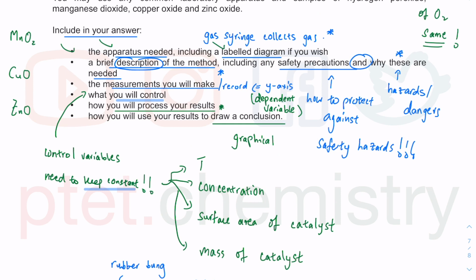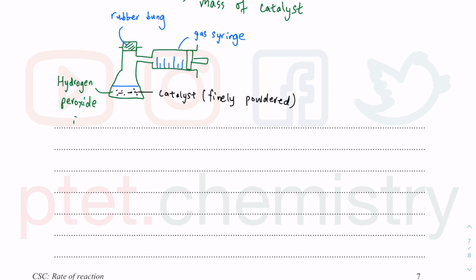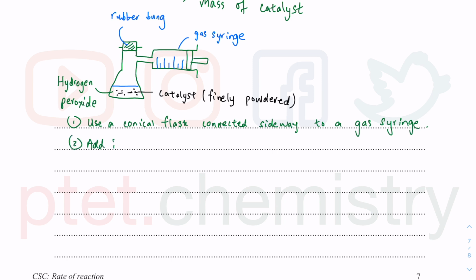A brief description of the method. So, as short as possible, really. Use a conical flask connected sideways with a side arm to a gas syringe, then add in the catalyst for experiment 1.